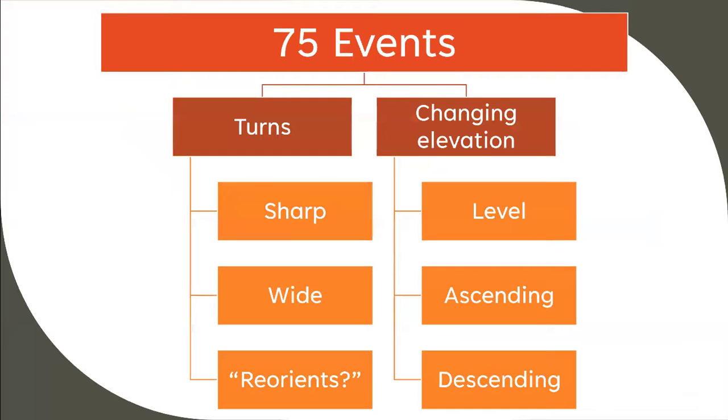Repertoire results. Initially, we had 99 events that I wanted to analyze. DeepLabCut really did not like some of them, so I ended up with 75 events that were somewhat usable. The initial goal was to at least just split these up into turning flight and changing elevation: ascending, descending, level.